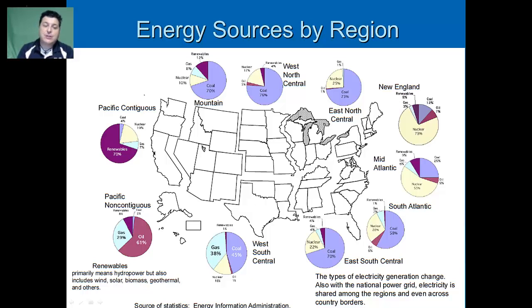If we head out to the Pacific states, which have access to big rivers, hydroelectricity, and also solar power, they're going to be able to rely on renewables. Alaska, due to its isolation, but huge resources of oil and gas, is going to have that as its primary energy source.